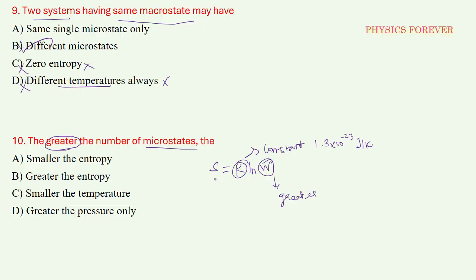This is the constant value. If the thermodynamic property is greater, then entropy is greater. Option B is correct. If the thermodynamic property or number of microstates is greater, then similarly entropy is greater, so option B is correct. While studying we have to compare that, and then you can easily remember those cases in the exam hall.